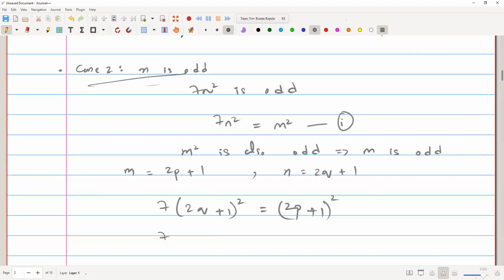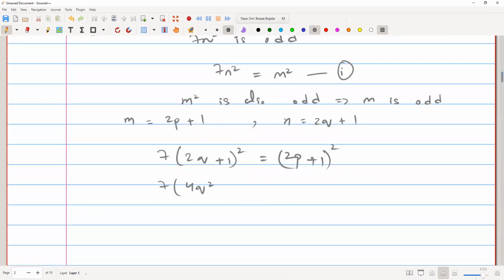And then if we square this number, that is 2q plus 1, we will have 4q squared plus 4q plus 1 equals 4p squared plus 4p plus 1. And it will be 28q squared plus 28q plus 7 equals 4p squared plus 4p plus 1.